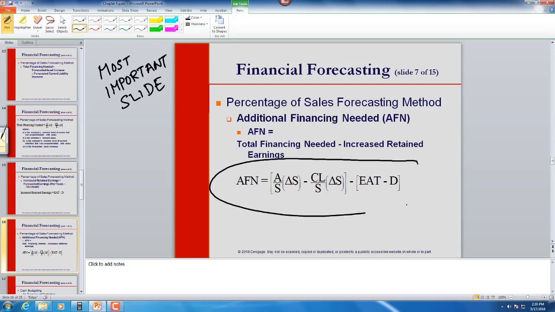This is the formula. Additional financing needed is total financing needed. You all remember, what I'm going to be highlighting in yellow is total financing needed from the previous slide.